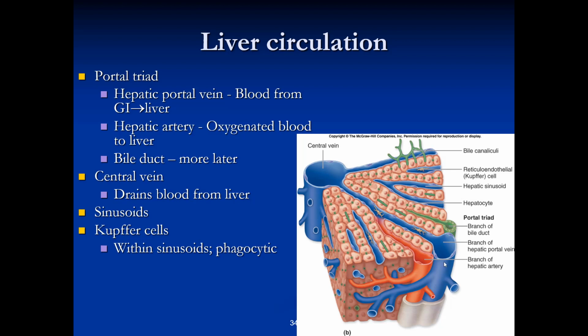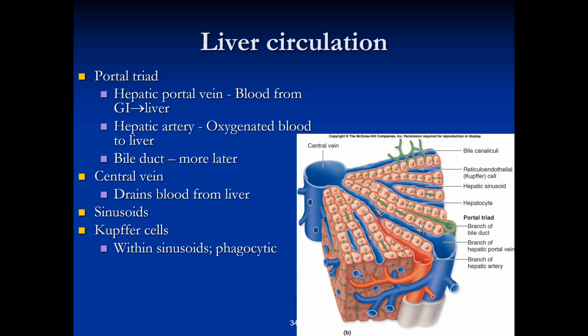So this is what happens. Blood's coming from the GI tract. It goes in a branch of the hepatic portal vein. It's going to flow through the liver, through these lobules. These capillaries in here are called sinusoids. Remember, sinusoids are really leaky. So lots of stuff being transferred here, and the liver can figure out what to do with all the stuff in your blood. These liver cells are called hepatocytes.